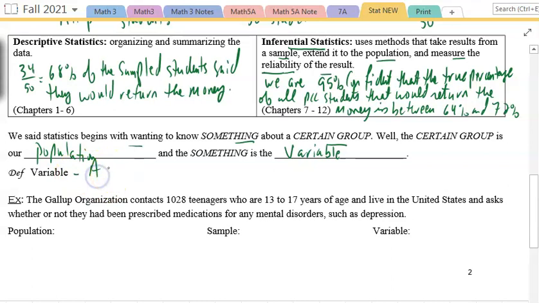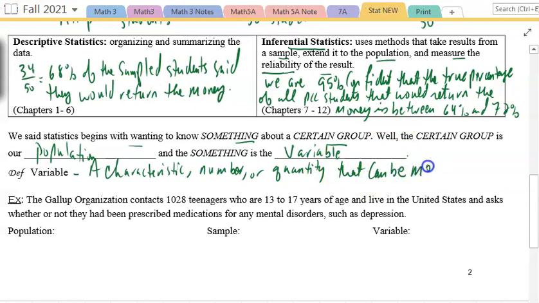A variable is a characteristic, a number or a quantity that can be measured or counted. We call this data.